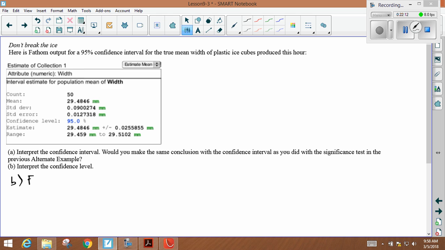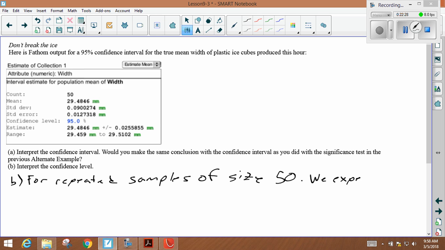So, for repeated samples of size 50, we expect 95% of 95% confidence intervals.